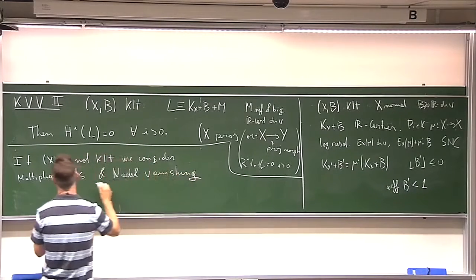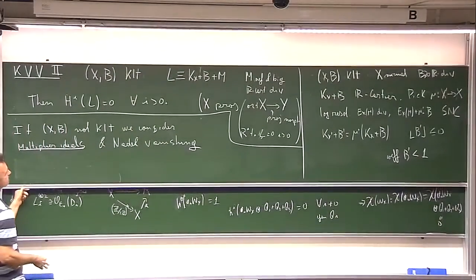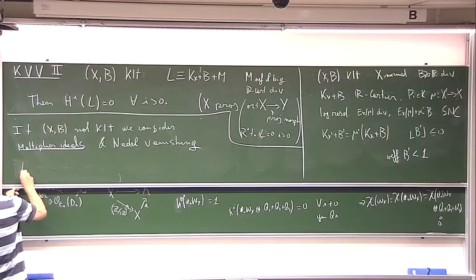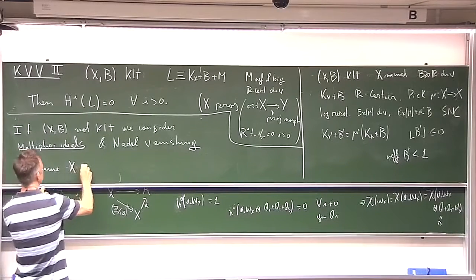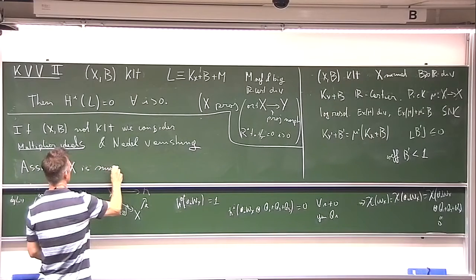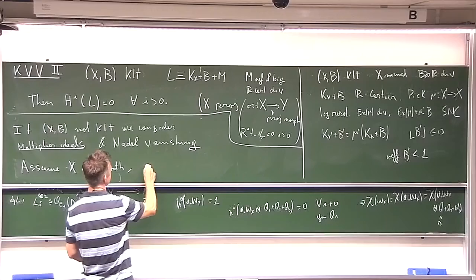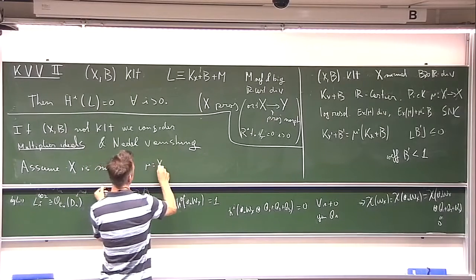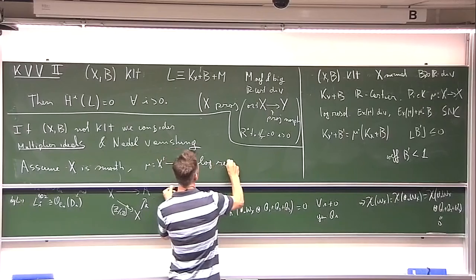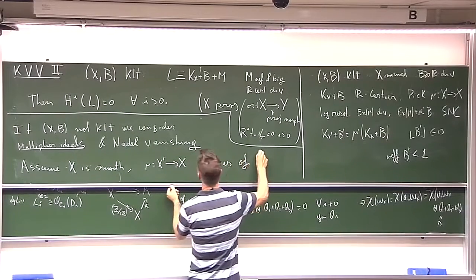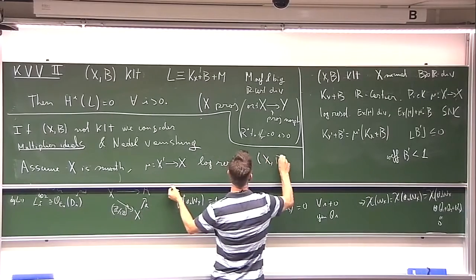So let me quickly define what multiplier ideal sheaves are. I think the best thing is to assume that X is smooth. And we consider mu from X prime to X, a log resolution of the pair (X, B).